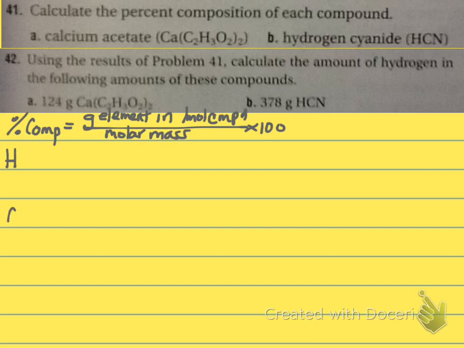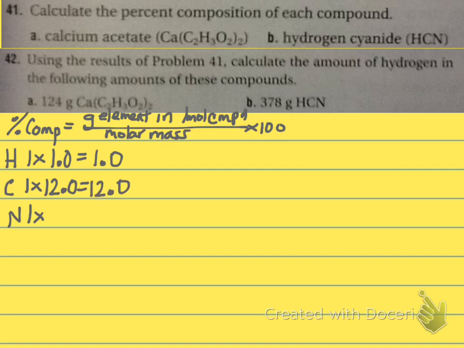So hydrogen, carbon, and nitrogen. We have 1 of each. And so hydrogen is 1.0. Carbon's 12.0. And nitrogen is 14.0.